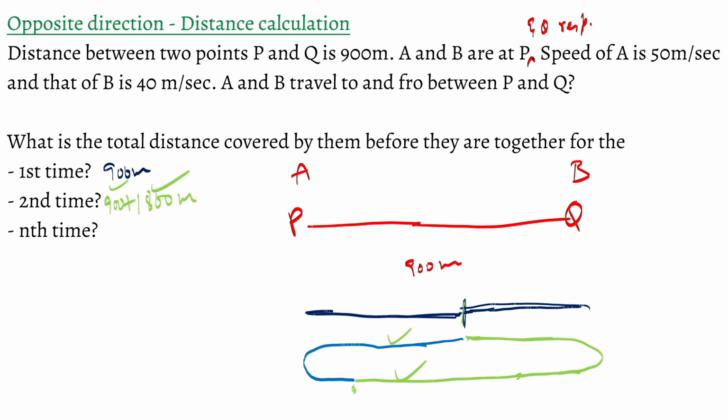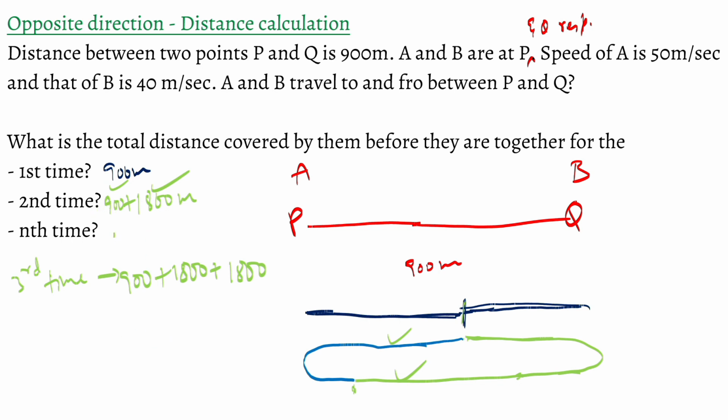Of course this is nth one, but for better understanding, what about the third time? How much A and B covered before they are together for the third time? That is one more 1800, right? 900 for the first time, 1800 for the second time, and for third time it's one more 1800. What about nth time?